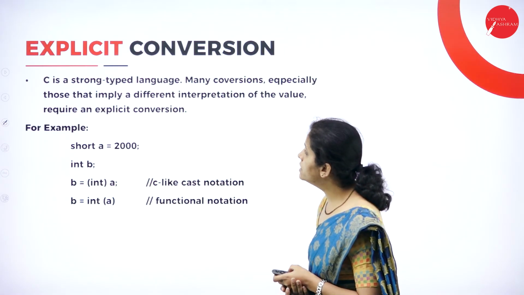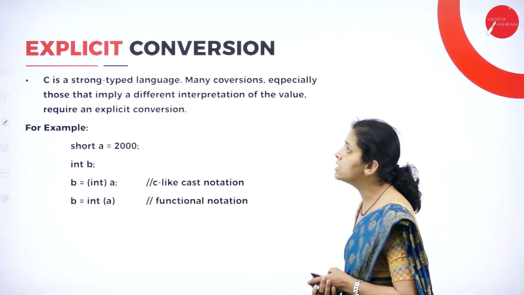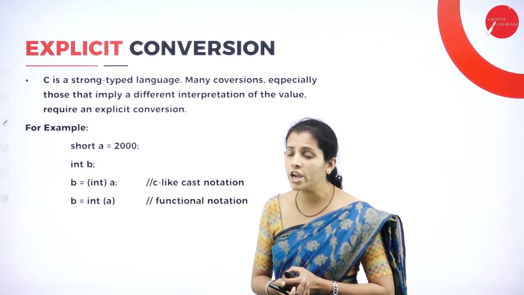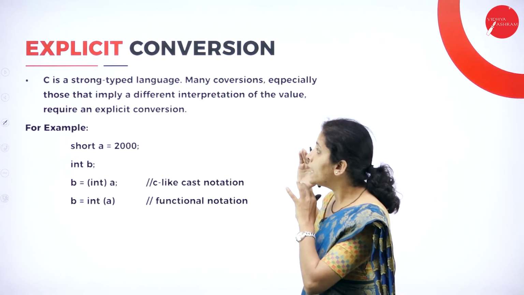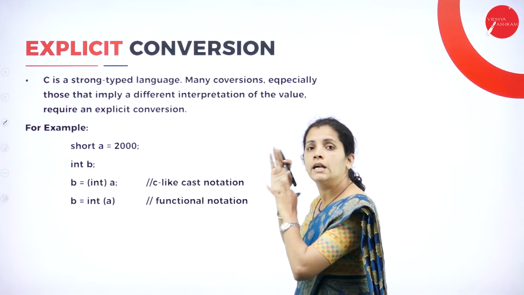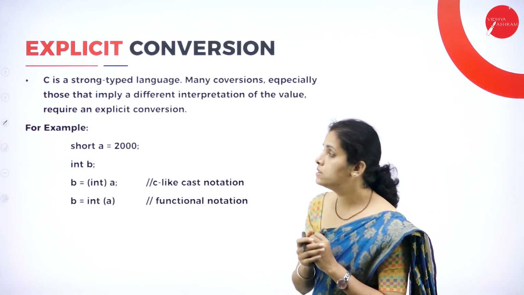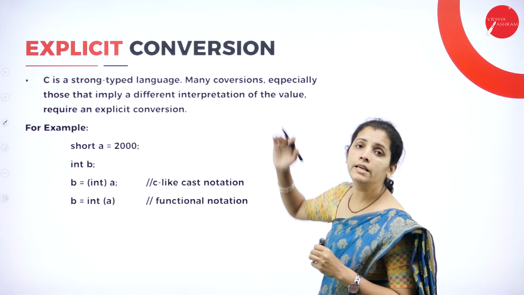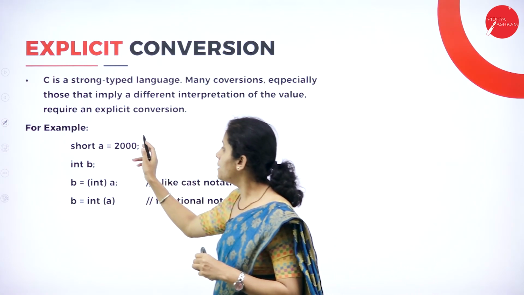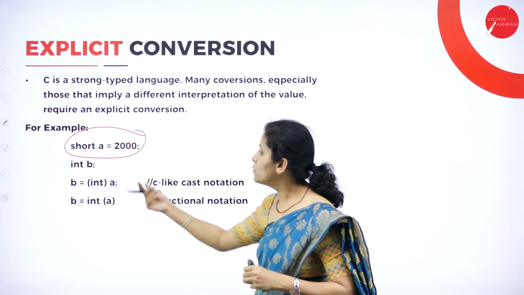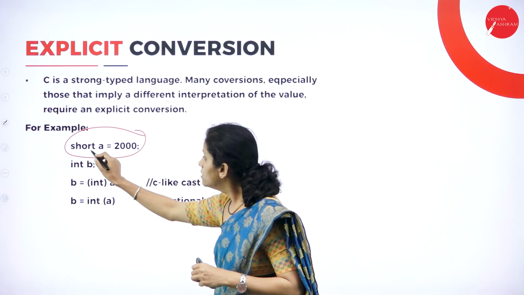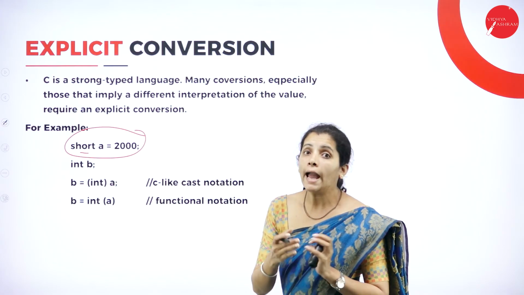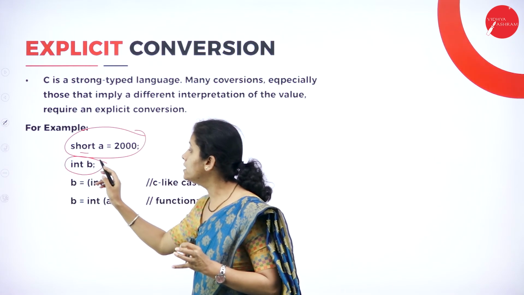Then I'm going to have the explicit type conversion. Here C is a strongly typed programming language and we can convert the type from one type to another. So I can explicitly convert the type. So this is the example here. Now I'm going to have short a equal to 2000 and another data type int b.